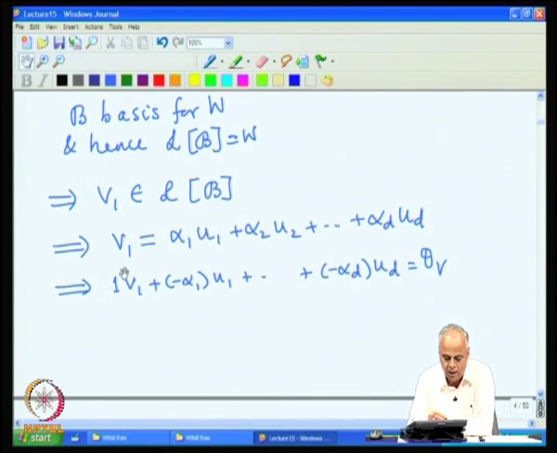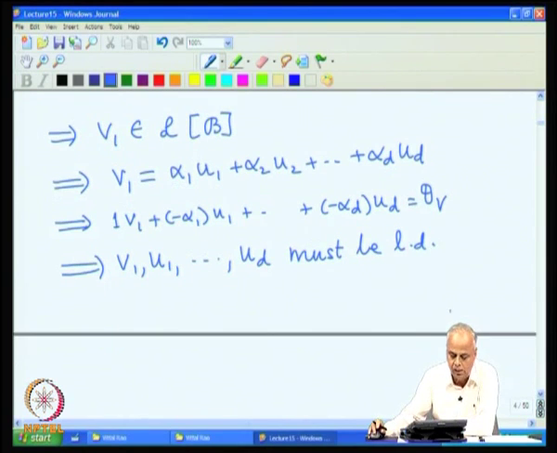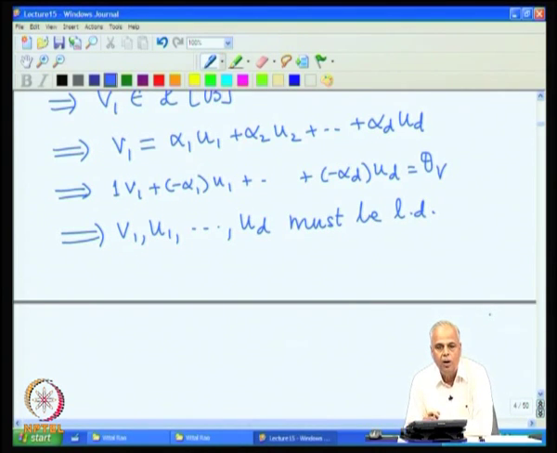Here is a non-zero coefficient, namely 1, the coefficient of v1. So that says v1, u1, ..., ud must be linearly dependent. We have a linear combination in which not all the coefficients are 0.